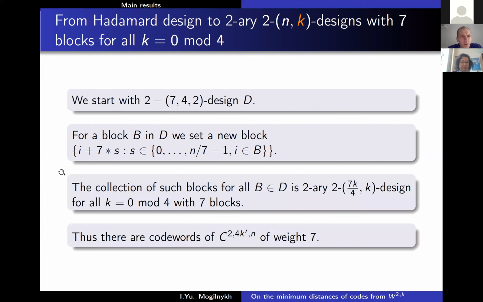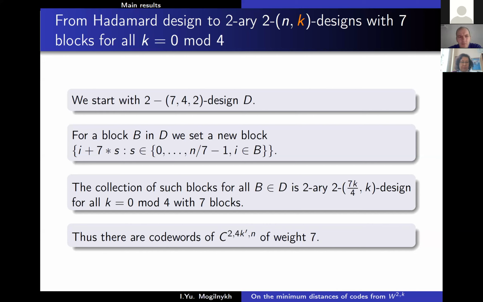And actually, if we look at this definition of the new block, we take all these blocks for blocks in D. The collection of such blocks is a binary 2-(n,k) design for all k congruent to 0 modulo 4.